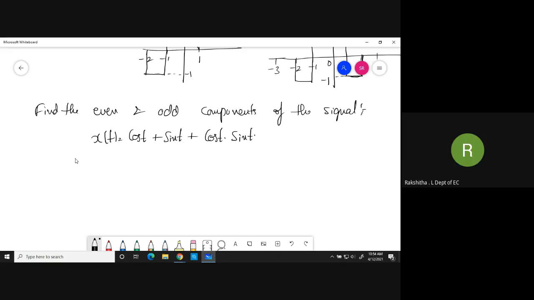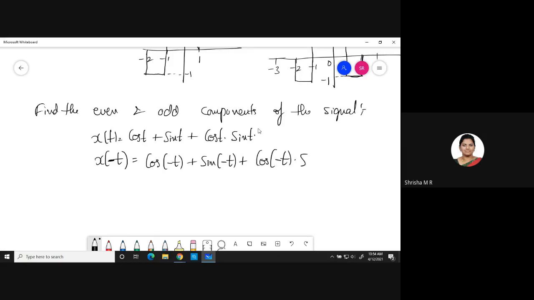Ma'am, first we have to find x of minus t. Yes, first find x of minus t. Wherever you have t, replace it with minus t in this equation. So you have cos of minus t plus sin of minus t plus cos of minus t into sin of minus t.